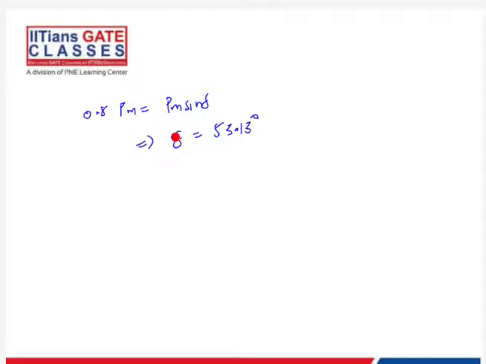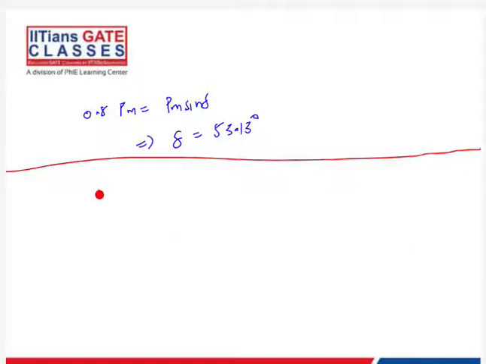Let's diverge a bit. Here we have to look at how we find the frequency of oscillation. For that we need to find the solution of the swing equation. What was the swing equation?